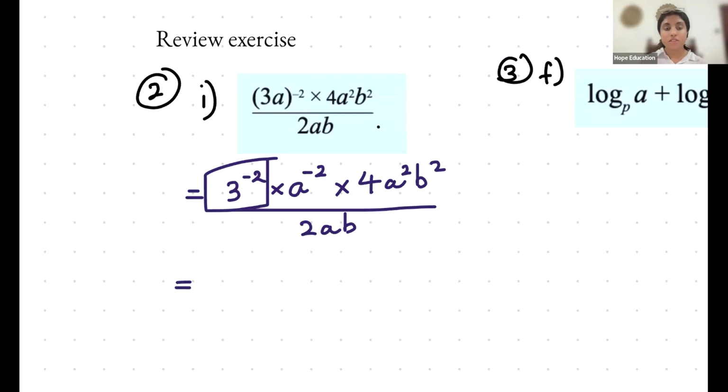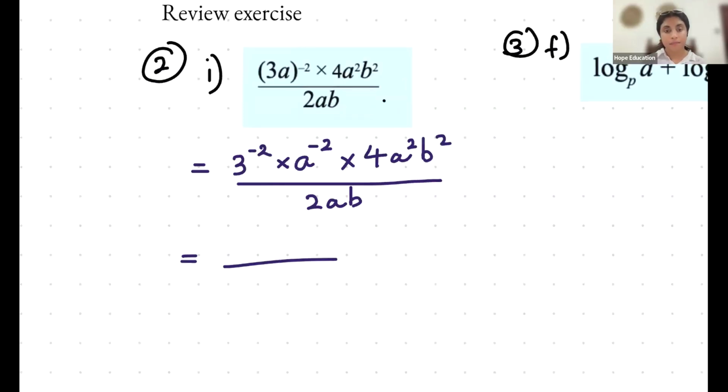What if I bring this to the denominator? If I bring it to the denominator, the sign of the index changes. Here the index is minus 2; when I bring it to the denominator, it becomes 3 to the power 2.